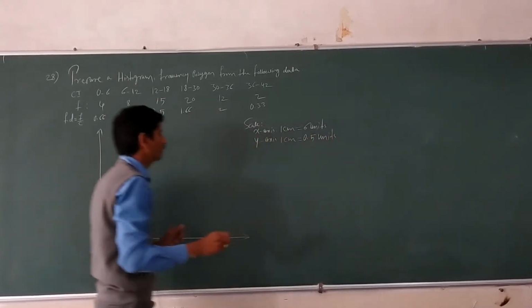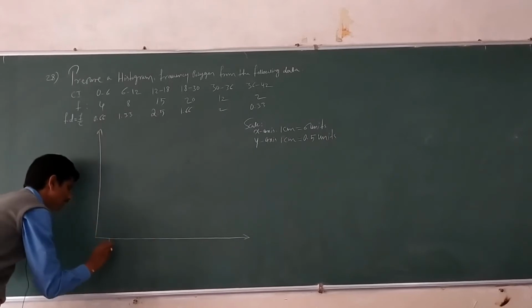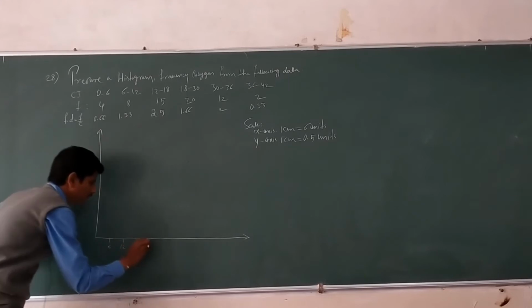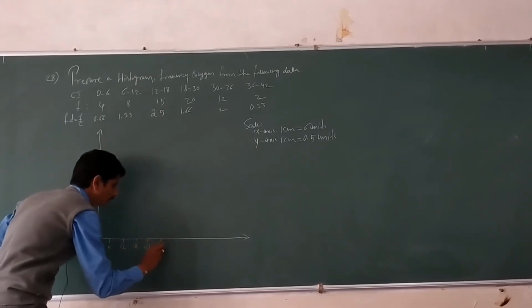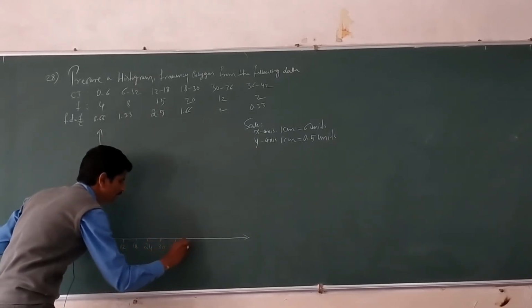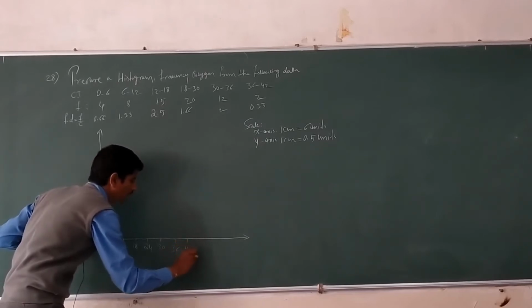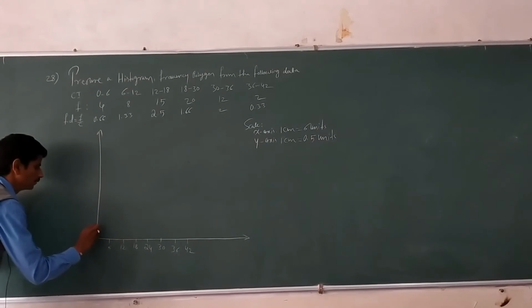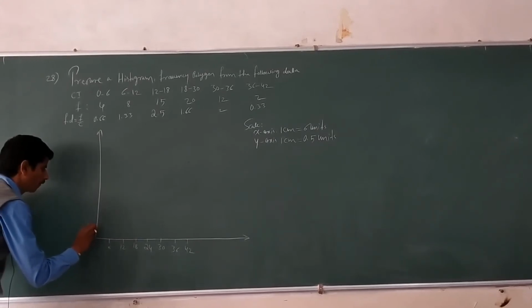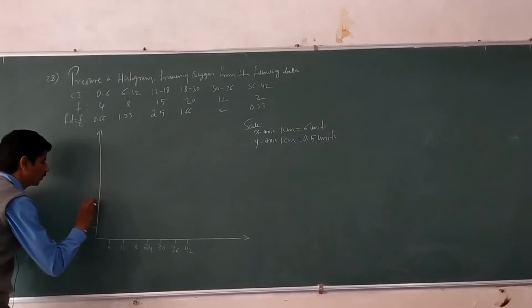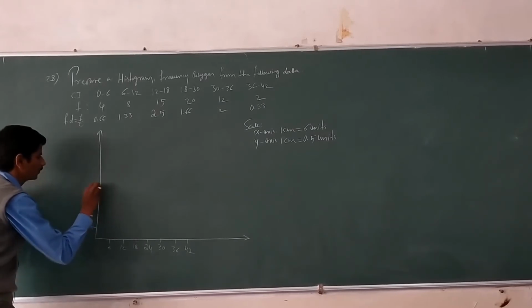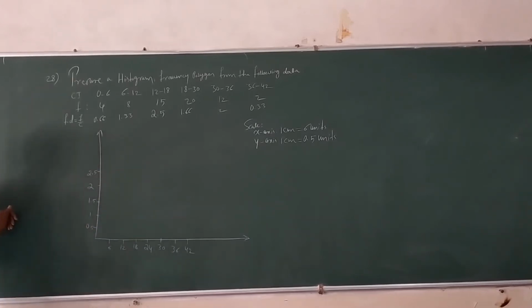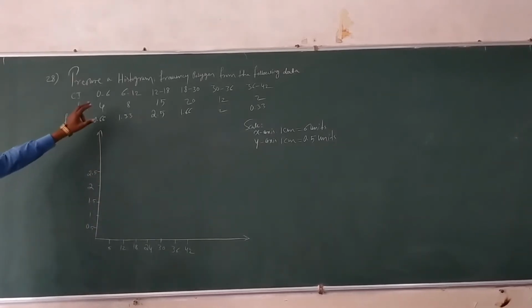Here we have to take on the x-axis 6, 12, 18, 24, 30, 36, 42. On the y-axis 0.5, 1, 1.5, 2, 2.5. Next, you have to draw the rectangle histogram.